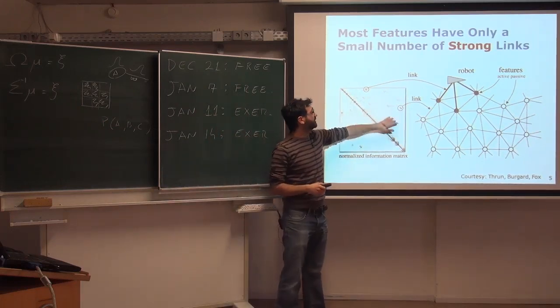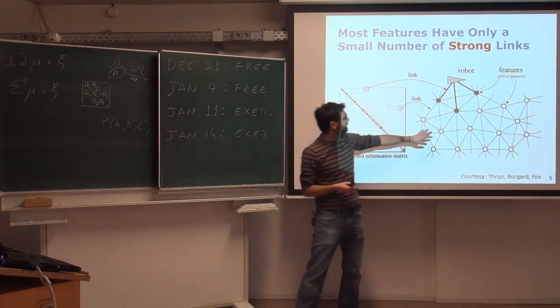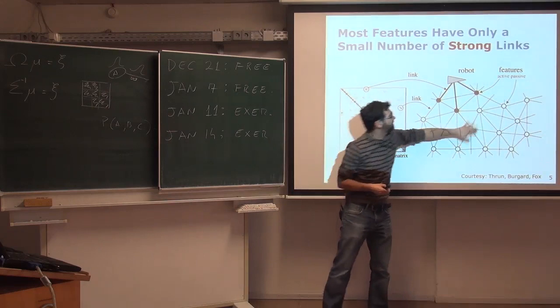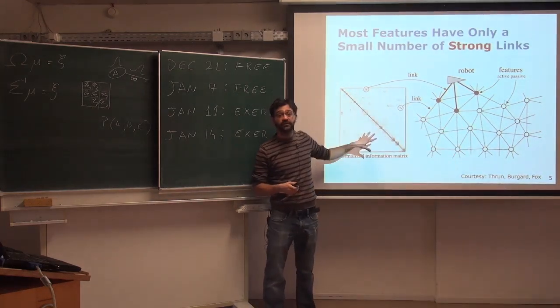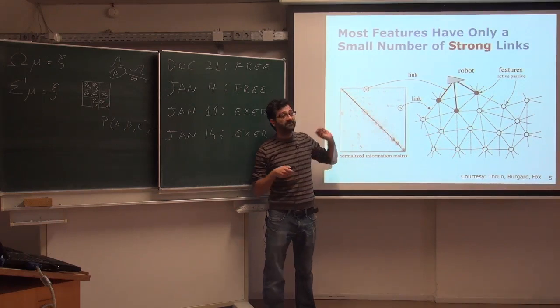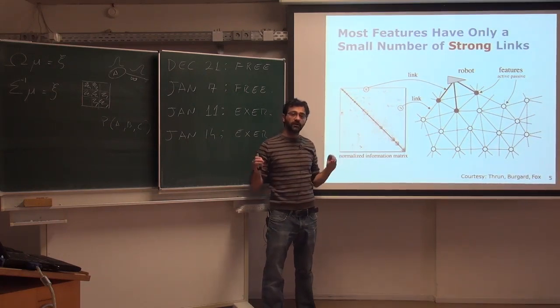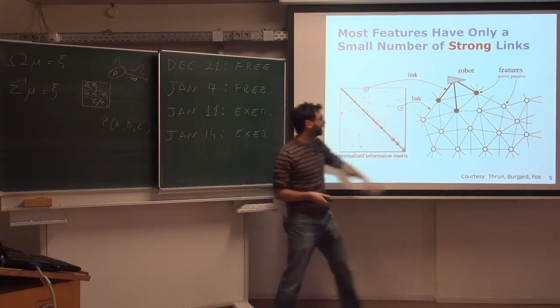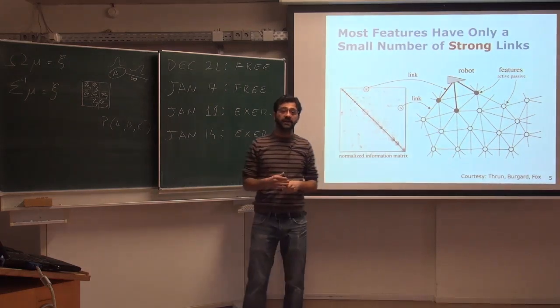When it is observing multiple landmarks in the same place. Now, there are some other landmarks which have a very weak relation, very weak dependency, and they might be somewhere around here. And the goal of the sparsification here is to just keep a small number of strong links and ignore the relations among the other landmarks which are weak relations, okay?